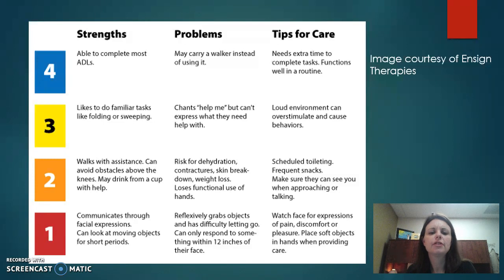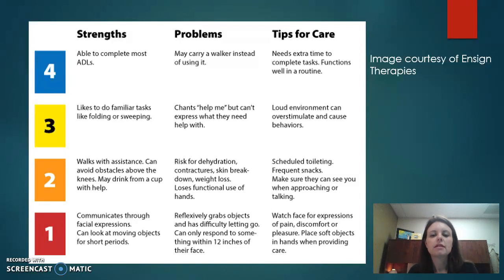I like this slide too. This is actually a slide that was put together by a rehab company. But I like it because it really further describes what you might find in those lower levels of cognitive function. So it talks about strengths, challenges for each level 1 through 4. And then that tips for care column kind of gives you an idea of what someone might need in terms of support.